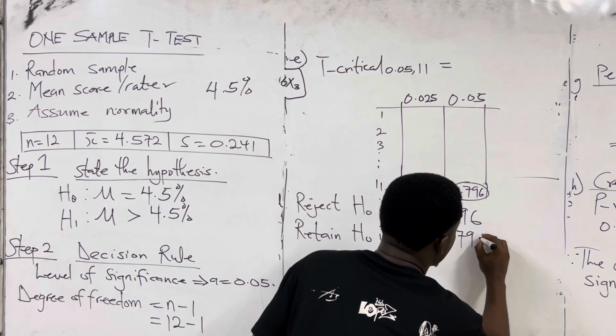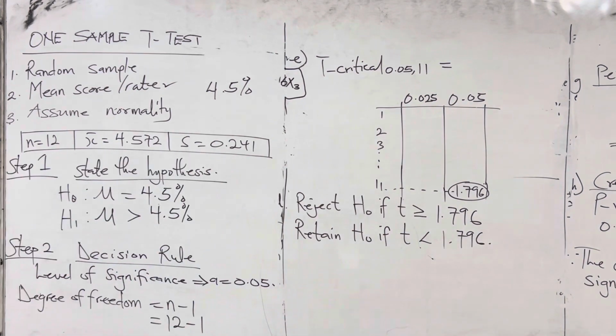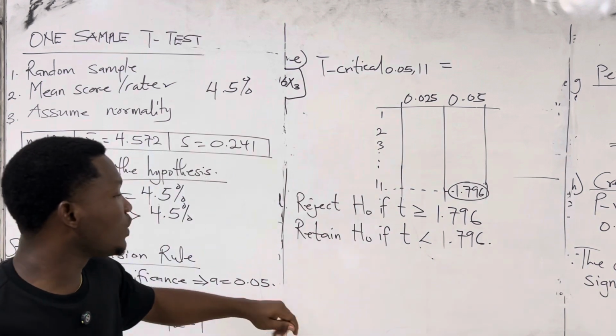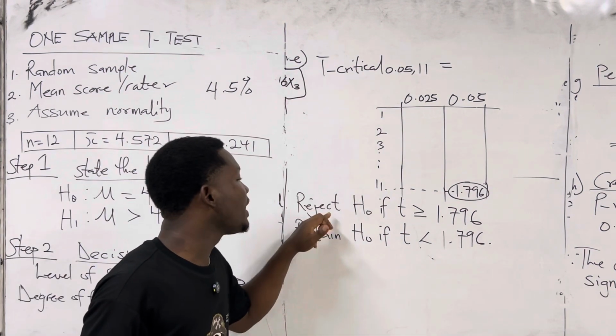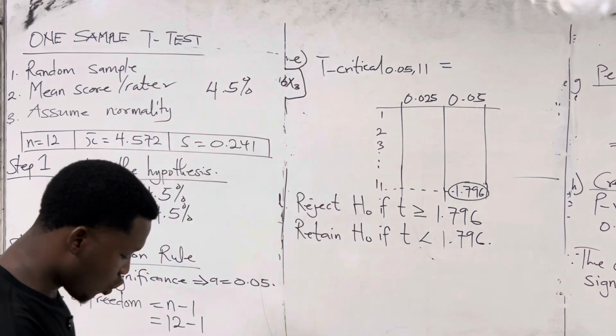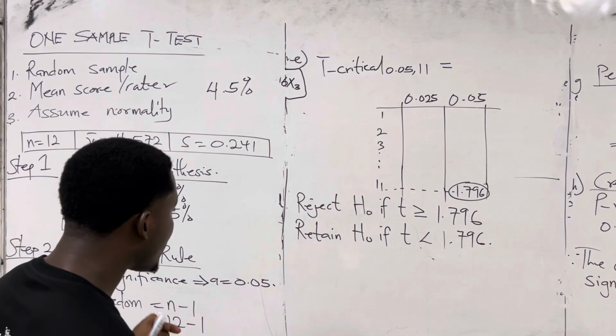So if it is less than the T critical value, we retain or accept it. But if it is equal to or greater than, then we reject it.